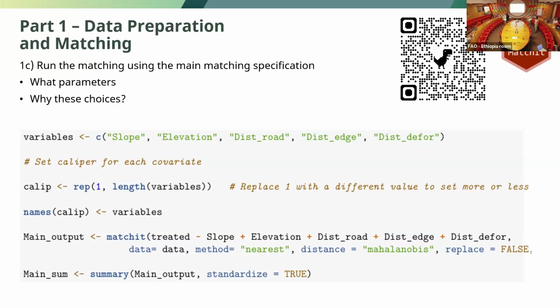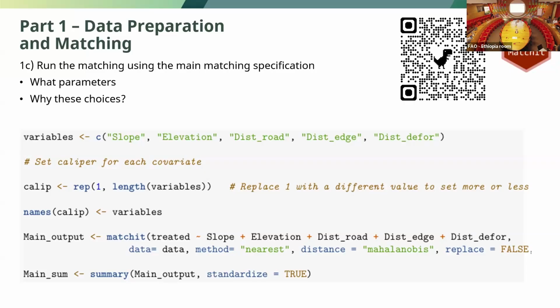Yeah, so there's two commands. There's this replace equals false. And I think that's saying that once you've matched the control, you can't use it again. But there's another one which is ratio, which we'll explore later.